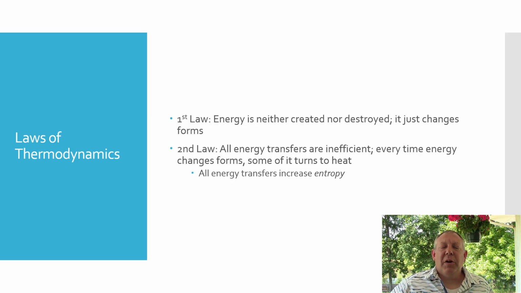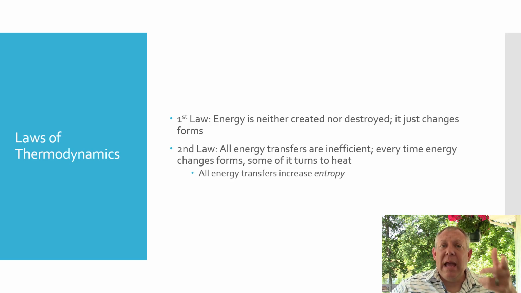The second law of thermodynamics, we've mentioned this before, when we talked about random molecular motion and things tend to go from a high energy state to a low energy state. Another way to word the second law is that all of these energy transfers are inefficient.